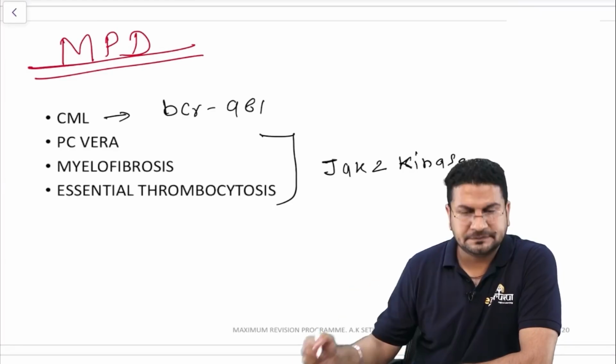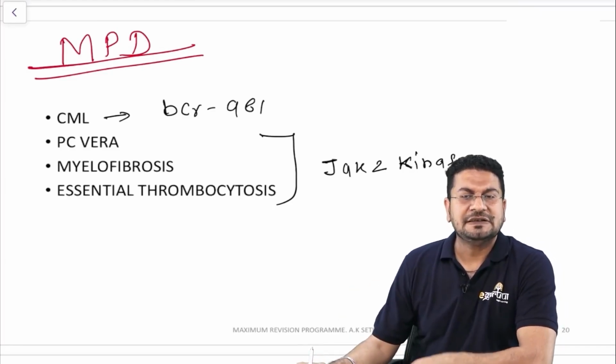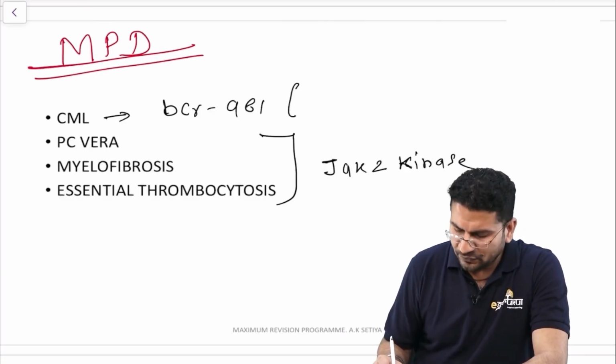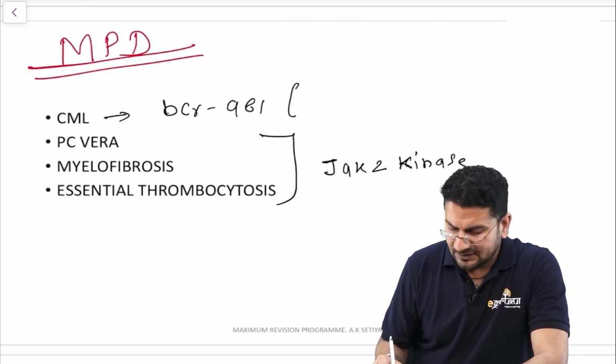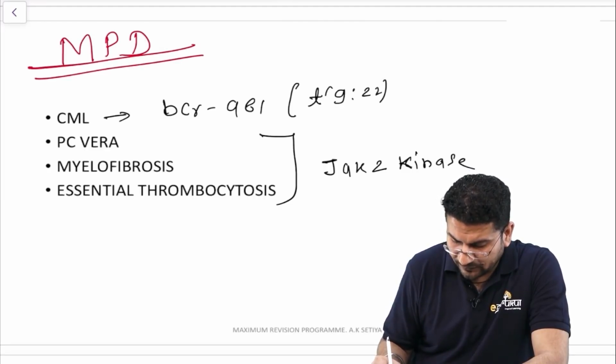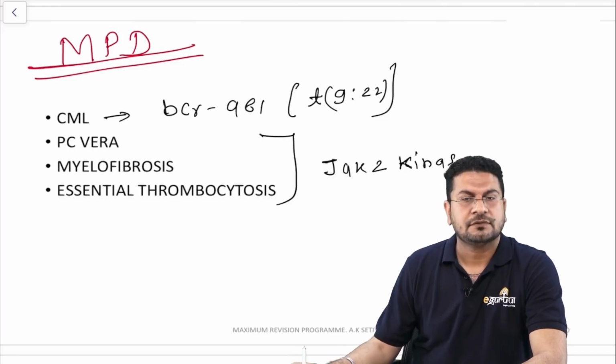Understand this, the BCR-ABL gene fusion forms a protein p210. This is due to a translocation, t(9;22), that is your Philadelphia chromosome. So these four are myeloproliferative disorders.